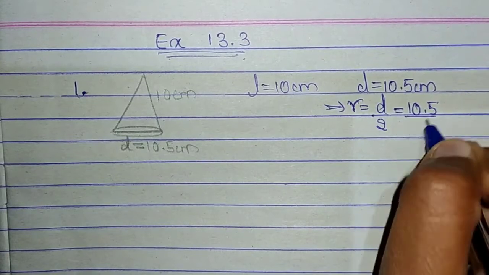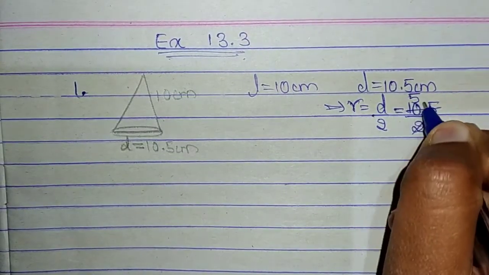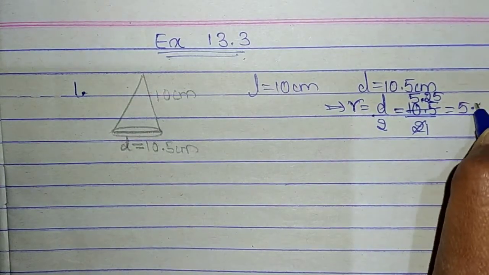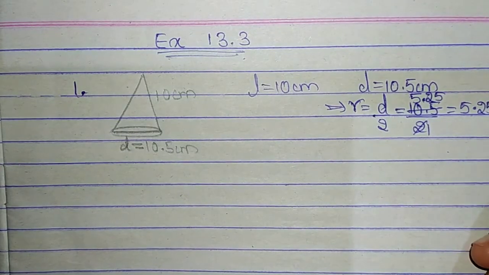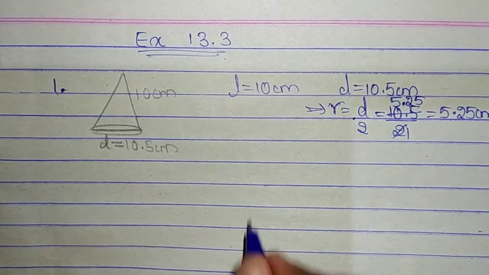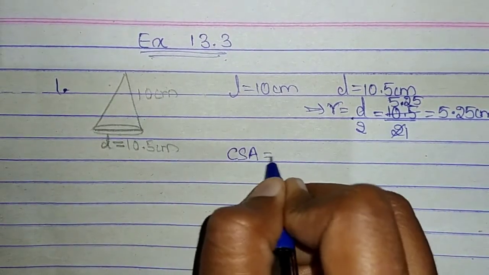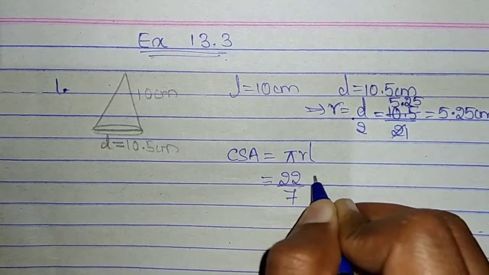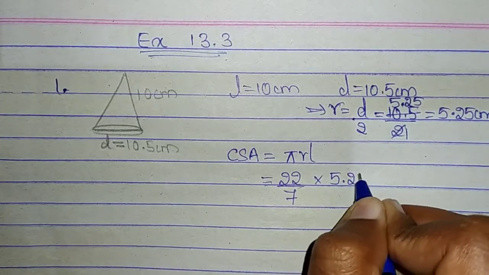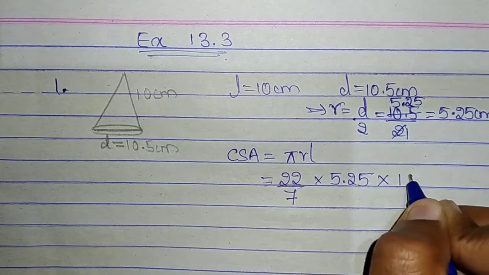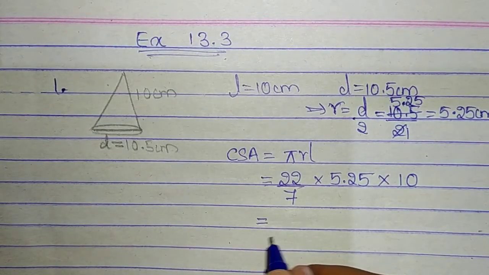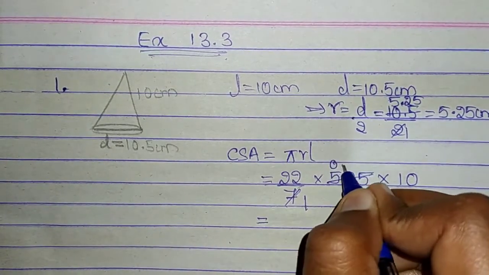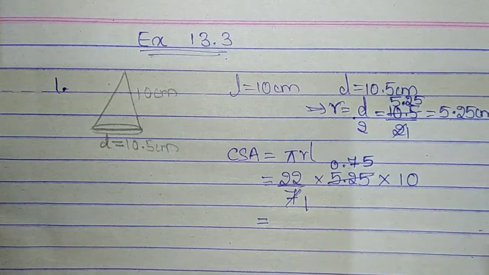10.5 divided by 2 is 5.25 centimeters. So now to calculate the curved surface area, CSA is equal to pi RL, which is equal to 22 by 7 into the radius, 5.25, into 10. 7 ones are 7, so 0.75.